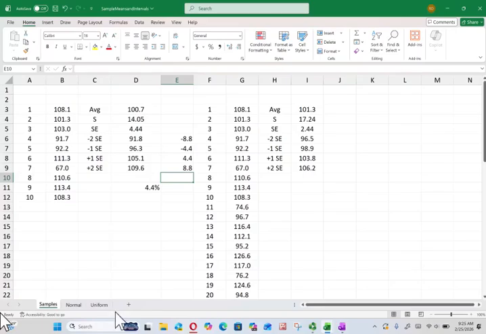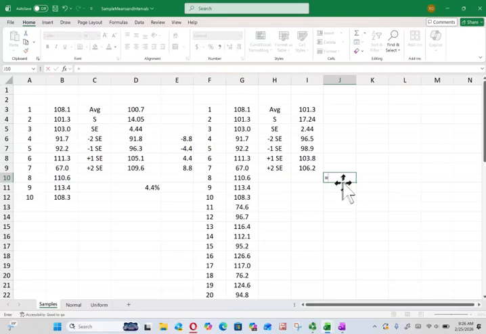If I go over to the other one, I'm going to get the same calculation, the standard error divided by the sample average. So this one is equals, there's the standard error, 2.44, divided by the average.